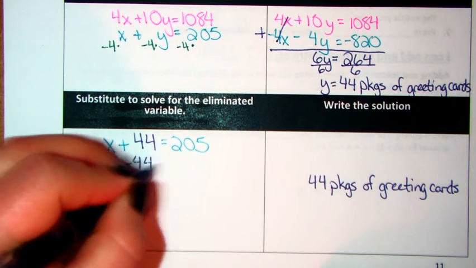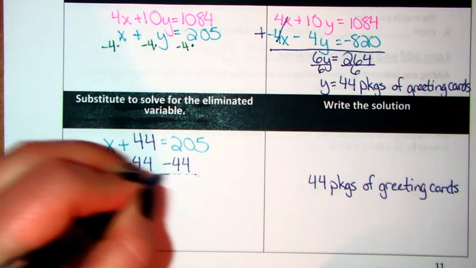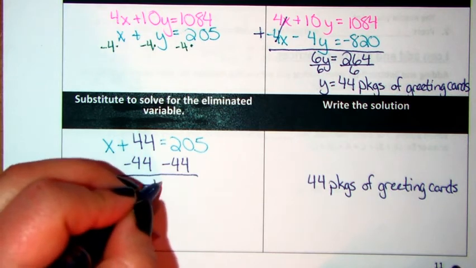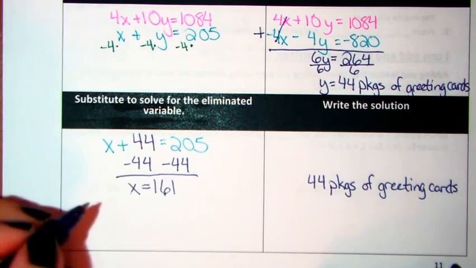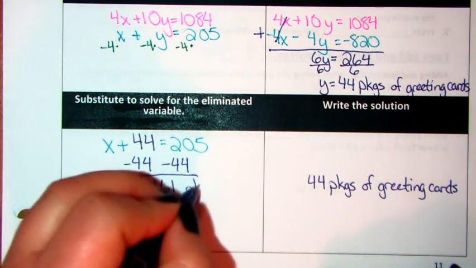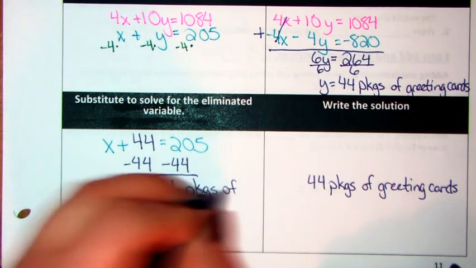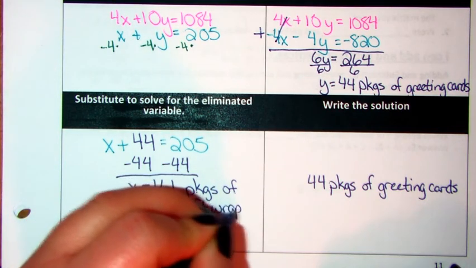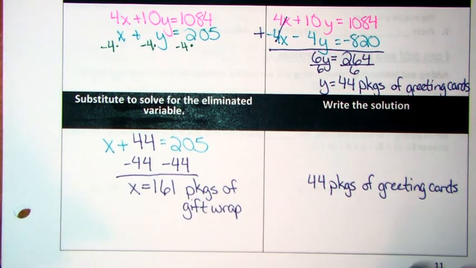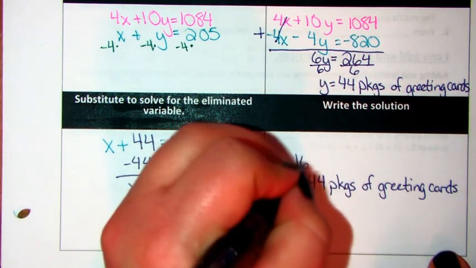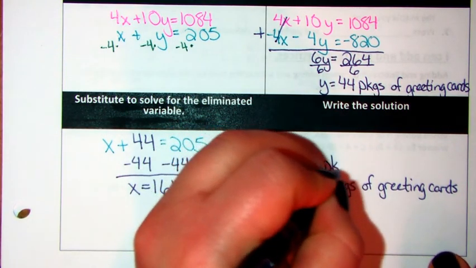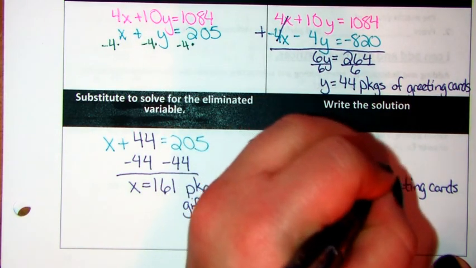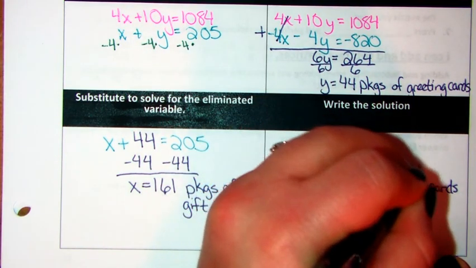To solve it, we would subtract 44 from both sides, which gives us 161 packages of gift wrap. So my final solution is there are 161 packages of gift wrap and 44 packages of greeting cards.